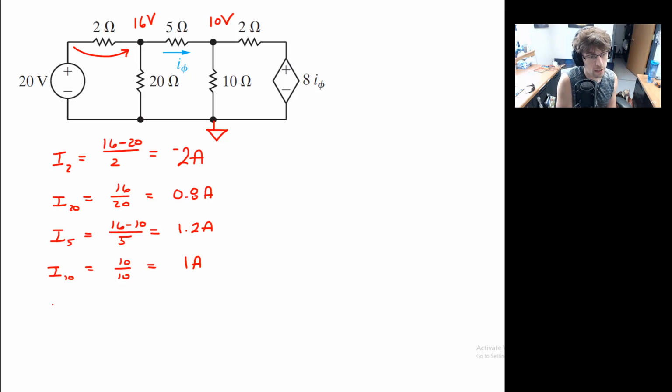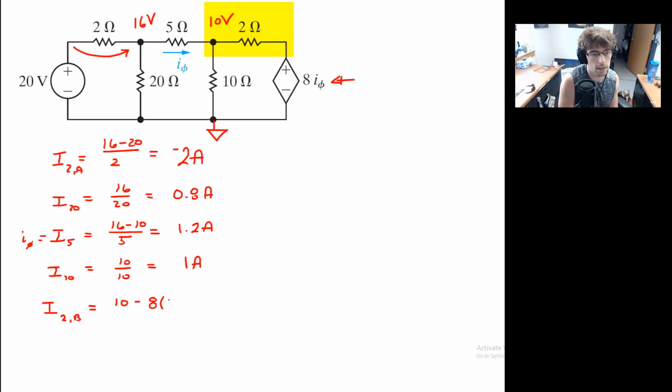And lastly, why don't we go ahead and figure out the current through the 2 ohm. Okay, so we'll call it 2, and I'll call this one B. So maybe I should have called this first one A, just to distinguish the two. So what do we have here? We have VB, which was 10, minus the potential drop across this current, or this voltage supply. So we have 8, and I've called that I-phi.